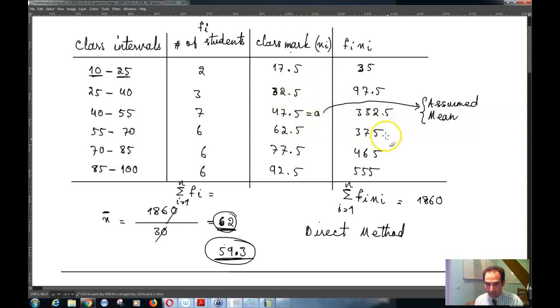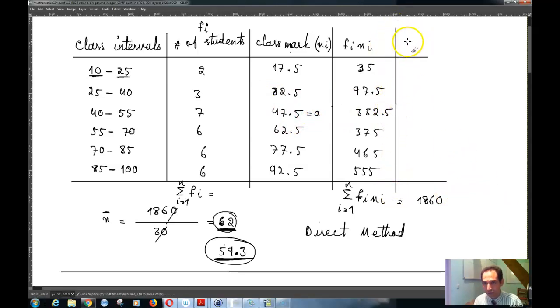So I'm going to erase all of this and take this as A, and then add a column over here, and here I will calculate the deviation of my assumed mean from each of these x of i's.